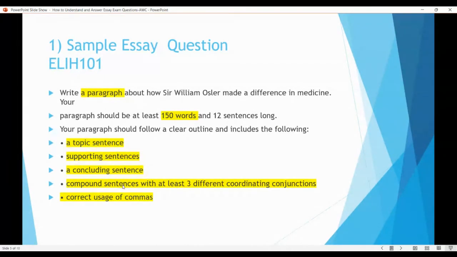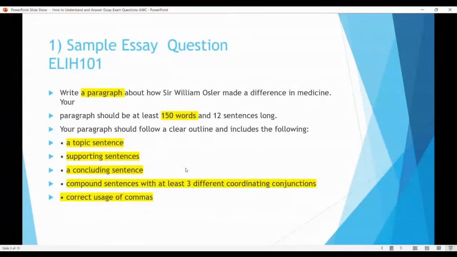You also need to pay attention to the types of sentences that the instructions ask you to write. For example, compound sentences with at least 3 different coordinating conjunctions. When you have 2 simple sentences and you join them with coordinating conjunctions like and, but, so, FANBOYS, I hope you remember FANBOYS.